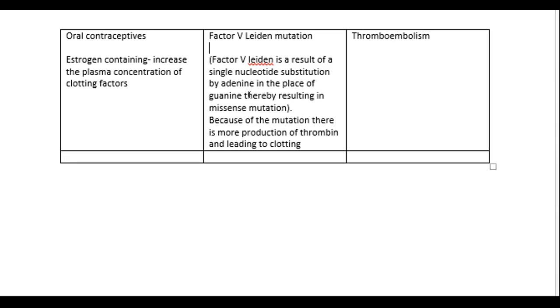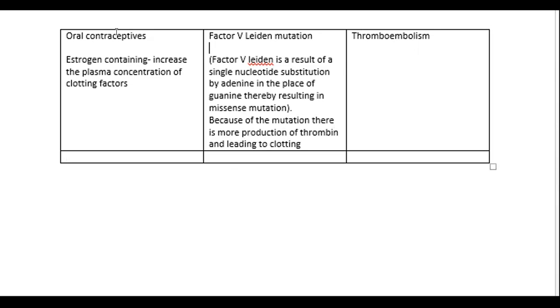And if there is a mutation in this, then it causes an increase in the production of thrombin, further leading to clot formation, leading to thromboembolism. One of the main adverse effects seen with a factor 5 Leiden mutation in oral contraceptive users is thromboembolism, mainly venous thromboembolism.